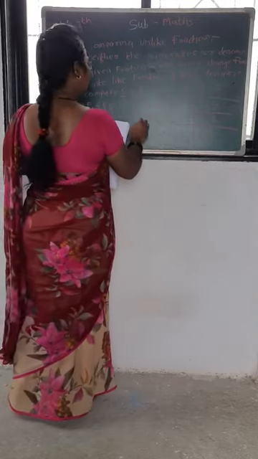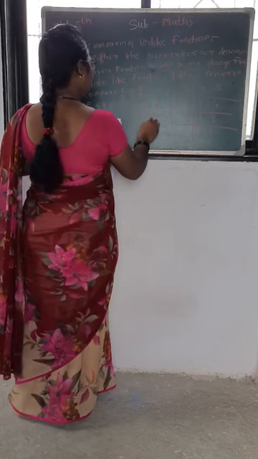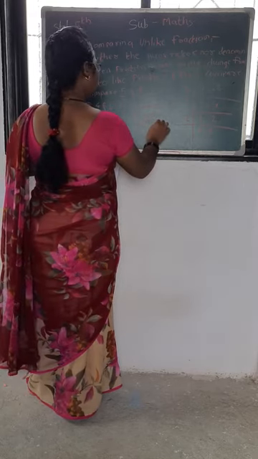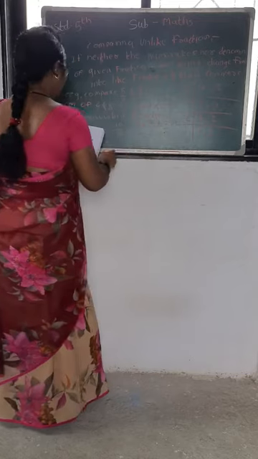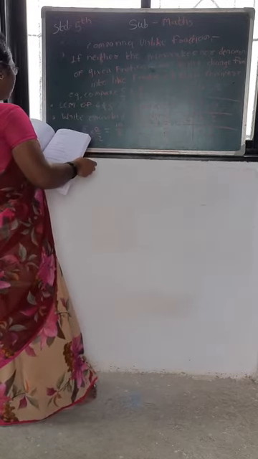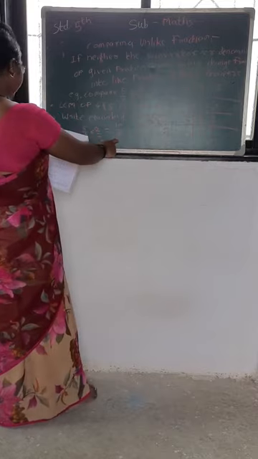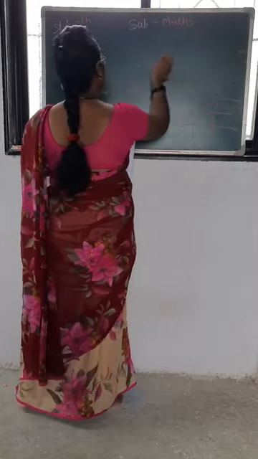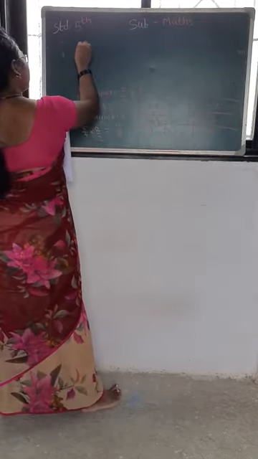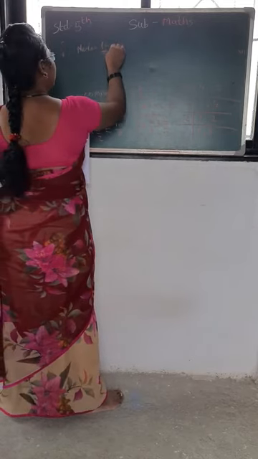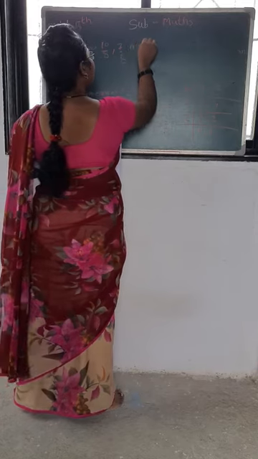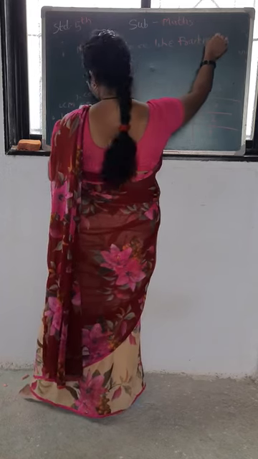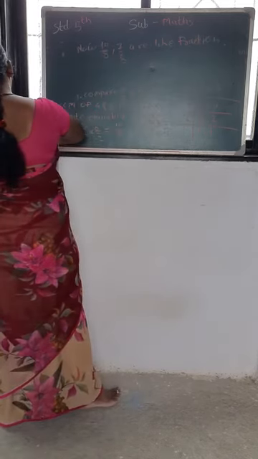Next one is 7 by 8, which stays 7 by 8. Now 10 by 8 and 7 by 8 are like fractions.